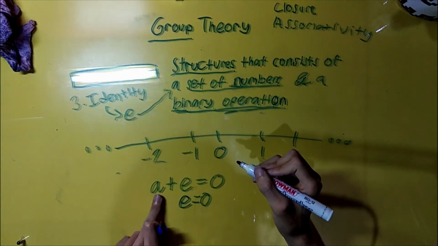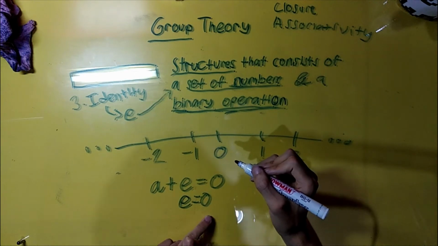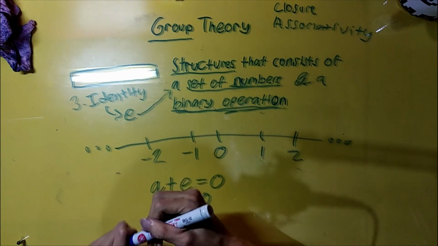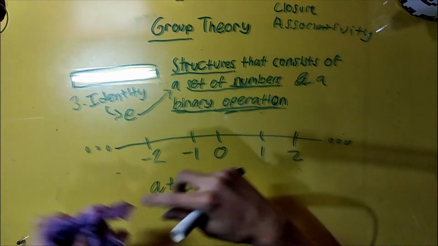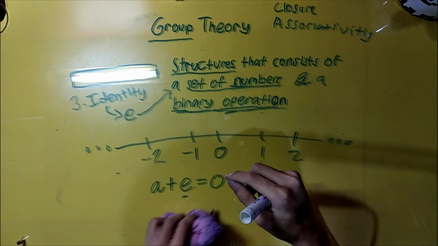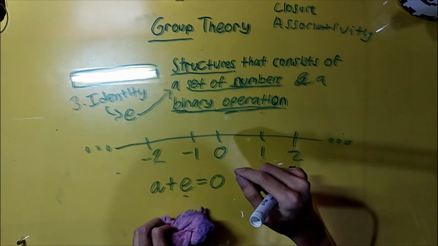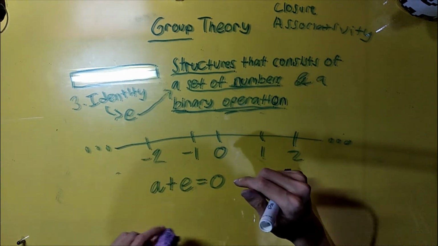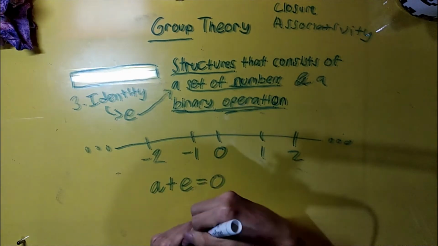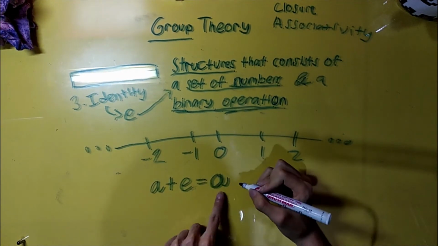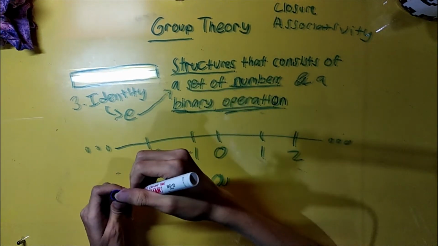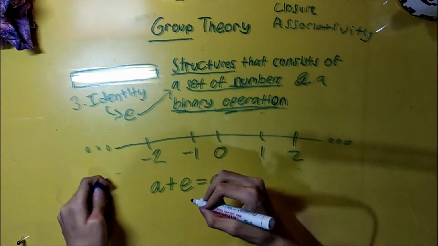Why? If you add anything to 0, wait. Oh god damn it, I screwed it up. I screwed it up so bad. Alright. If you add A with this number E, it's gonna do absolutely nothing to A. So what I meant to say here was A, not 0. Bad screw up, sorry. But what is E?